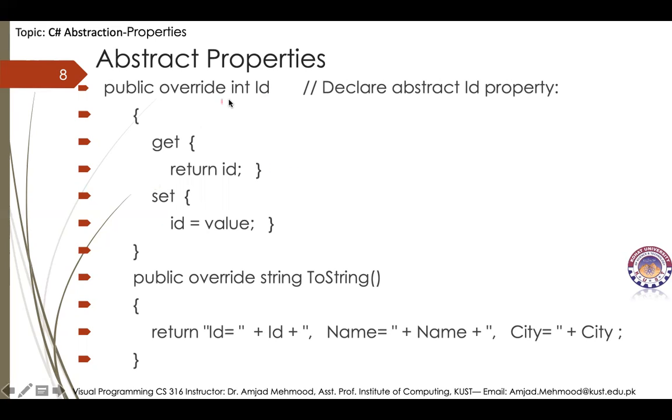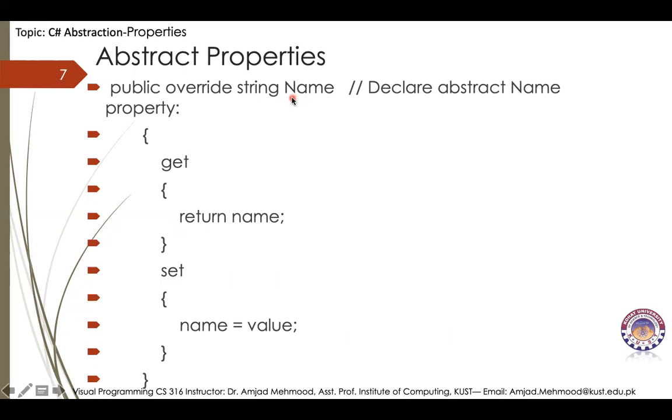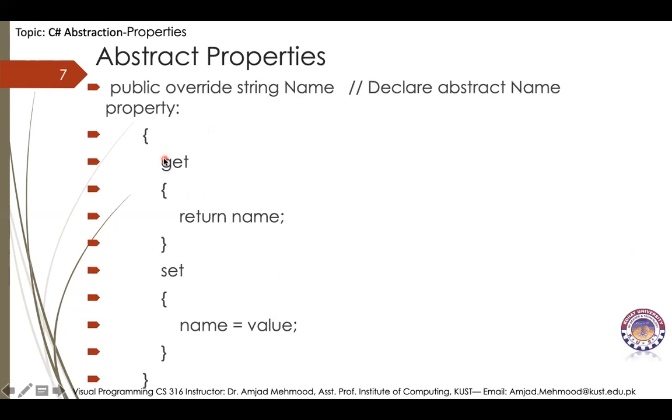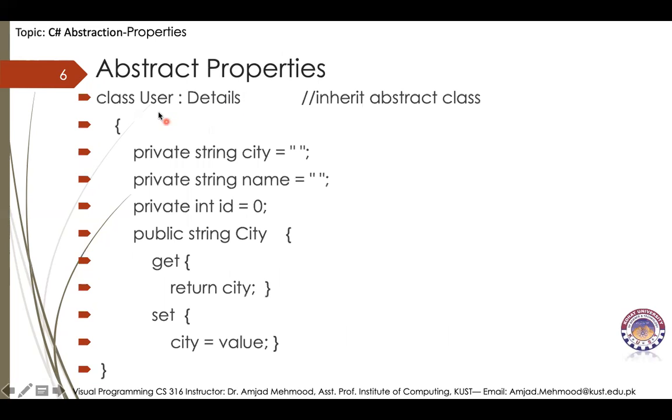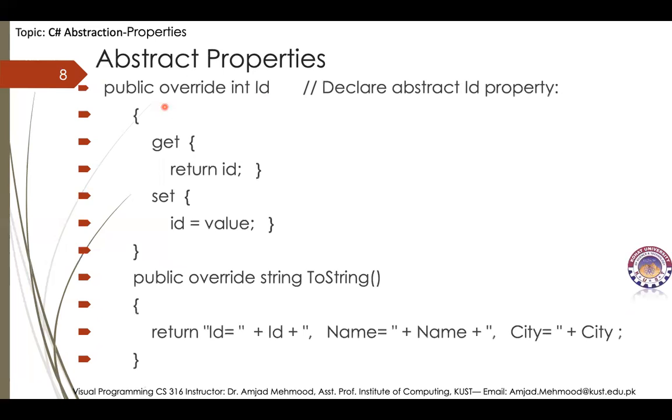Here you can see that this user class is now providing the definition of both public properties, name and id. If this user class does not provide the definition of the properties which are defined abstract in its parent class, this class will not be compiled and you will get a compilation error.